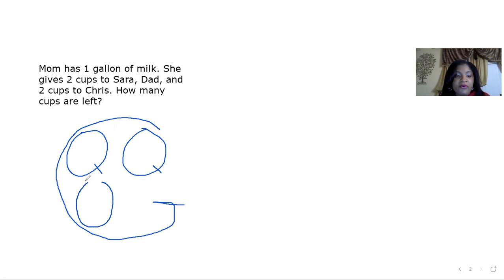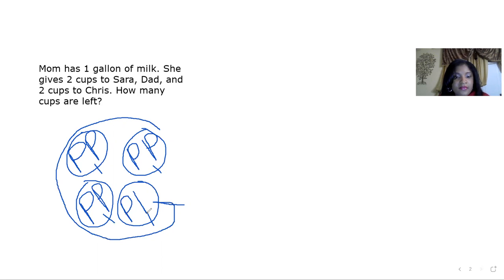Each of our quarts is made up of 2 pints. So 1 quart equals 2 pints. And each of our pints has 2 cups in it. So you can count and see how many cups are in our big gallon.